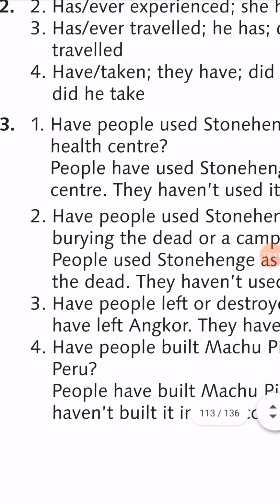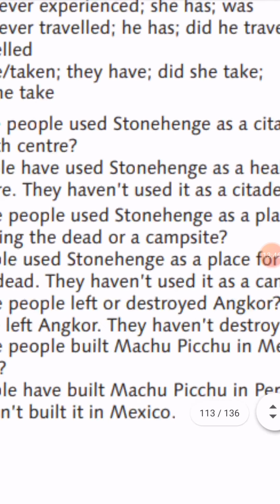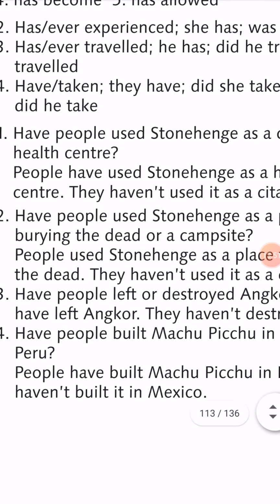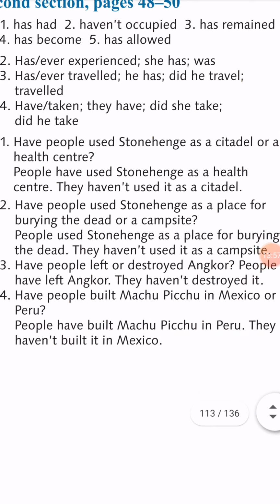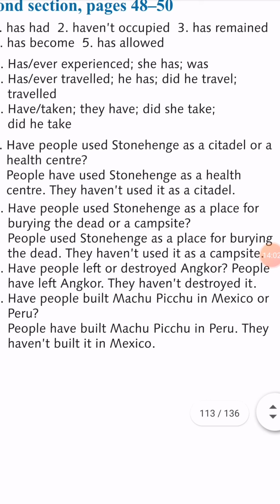Because it's plural, you have to say have people used Stonehenge as a place for burying the dead or a campsite. In the affirmative form, you answer: people have used Stonehenge as a place for burying the dead. According to the clues, we have a tick next to this and a cross next to a campsite. So in the negative form, they haven't used it as a campsite.